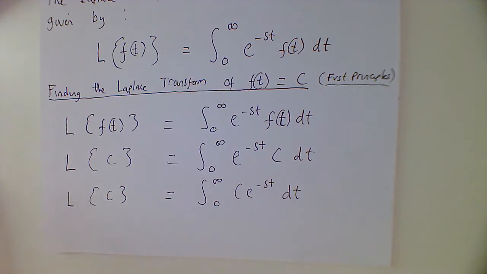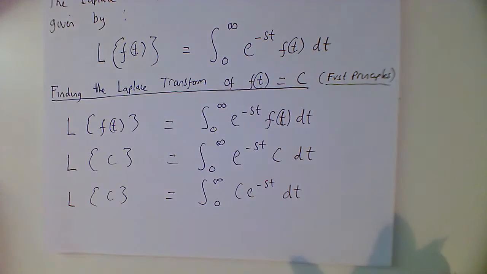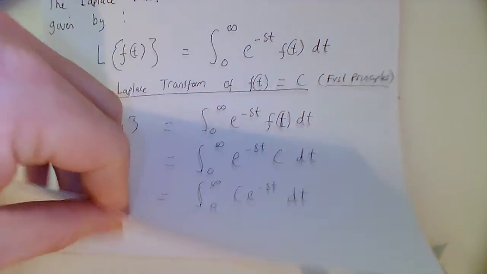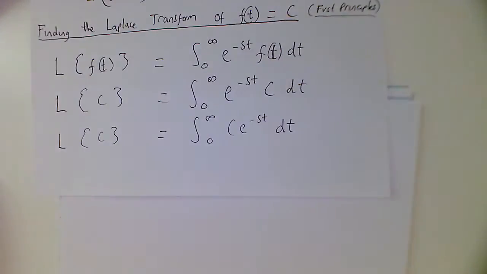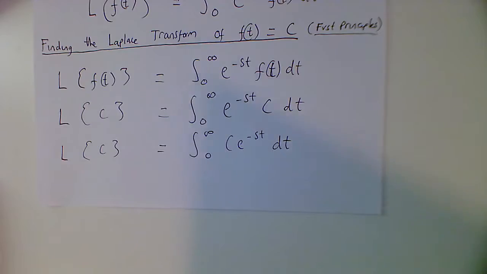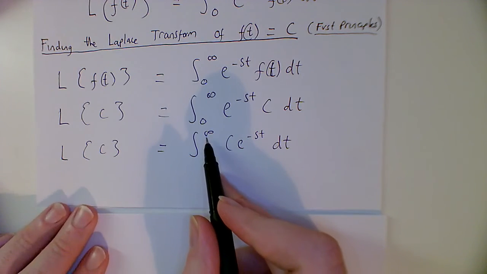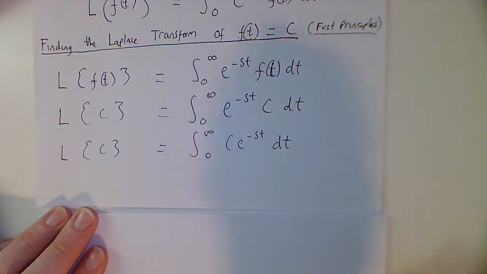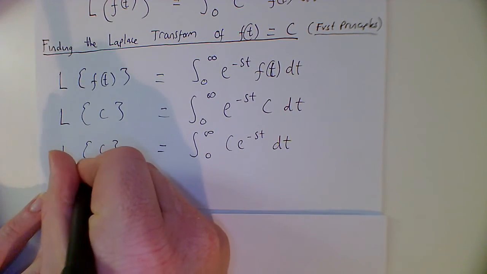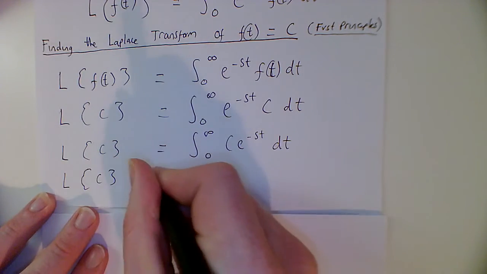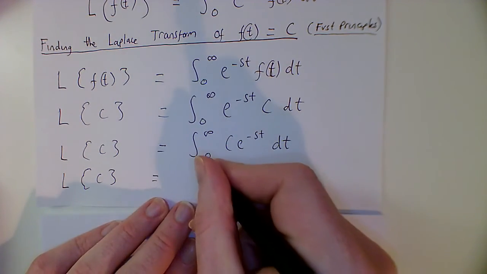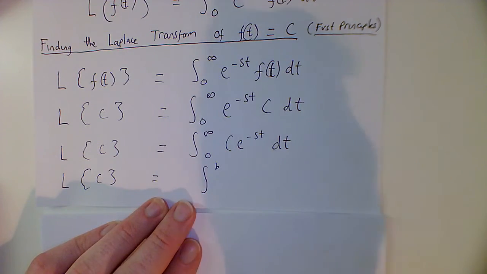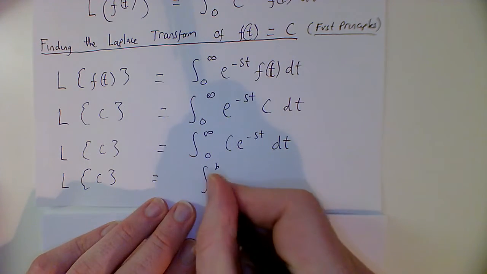Right, now in engineering 3, we looked at the fact that you shouldn't have infinity as a limit. So what you should do is change that limit to the letter b.